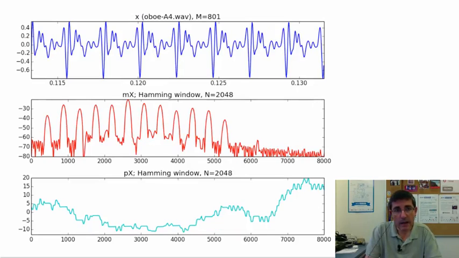But now let's see what happens if we increase this window size. Instead of 401 samples, we have twice as many, so we have 801 samples, and then we do the same thing. We apply the Hamming window, and then we take an FFT which is larger. We see this spectrum.